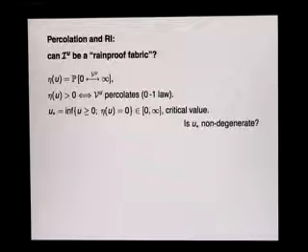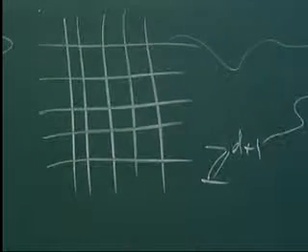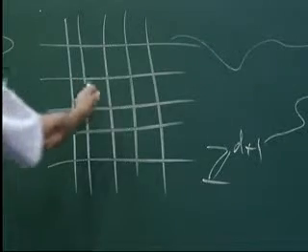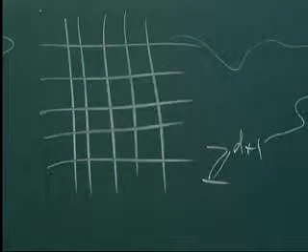So here you have blown up your local picture into an infinite Z^(d+1). And now you want to know whether the material that you have here is blocking or not.